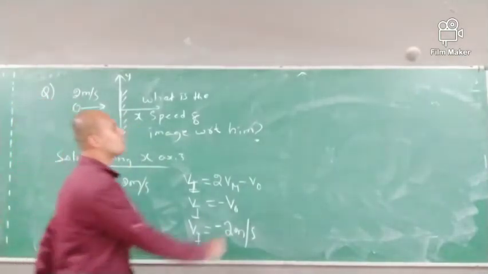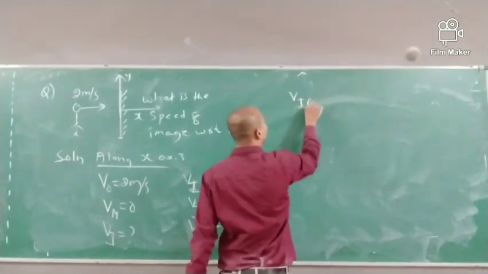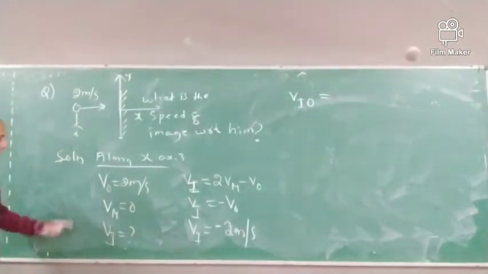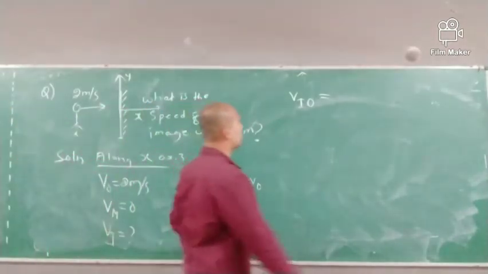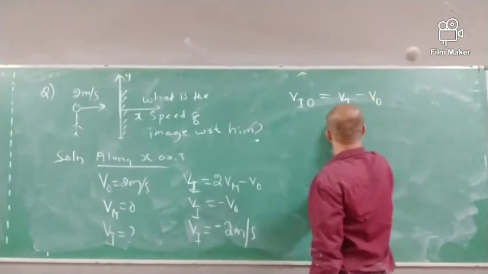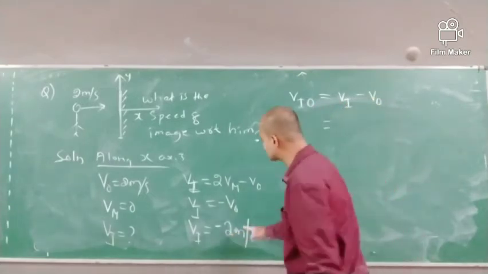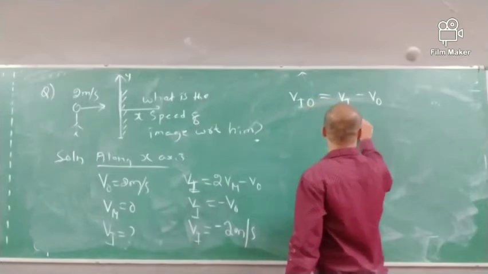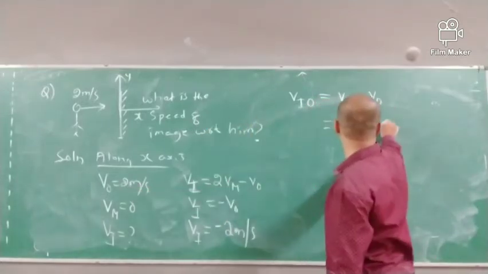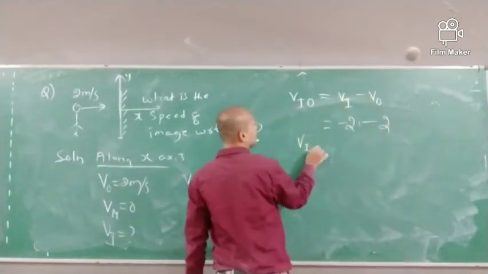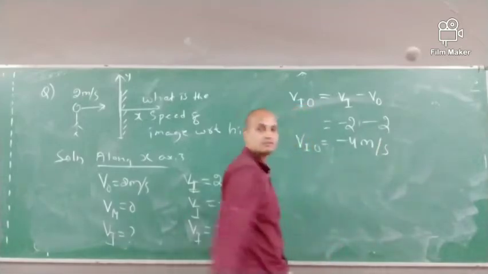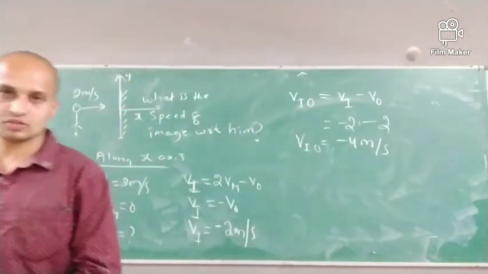I must find the velocity of image with respect to object, which is velocity of image minus velocity of object. That is minus 2 minus 2, so it will become minus 4 meters per second. This is the answer. Very simple question.